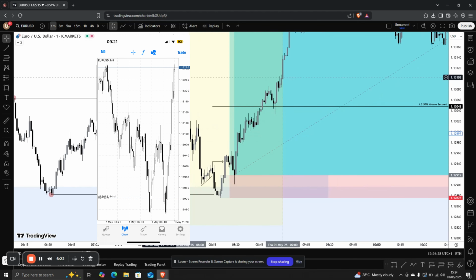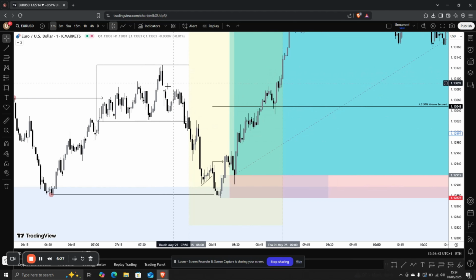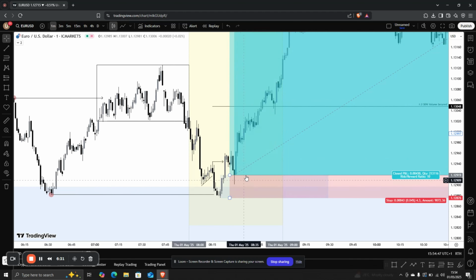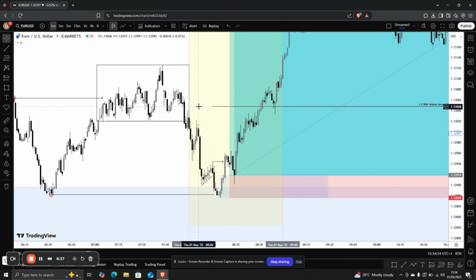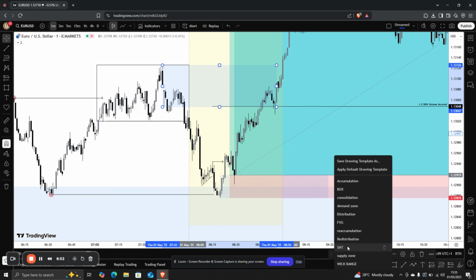Now, let's say I was right initially and this was going to be the start of a new bearish leg, then I still would have felt comfortable taking this trade, because a 1 to 3 would still get me at least to where price would sell. So I was comfortable taking a buy over here. If price was to sell, then it'll probably be this zone here, literally where my 1 to 3 was.